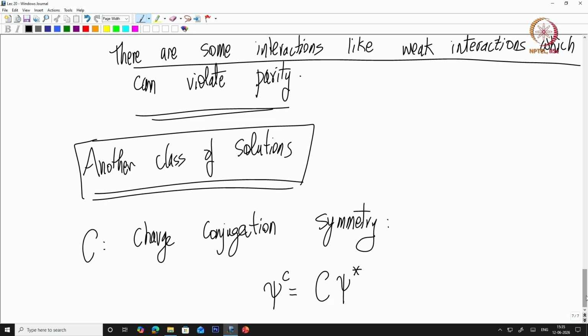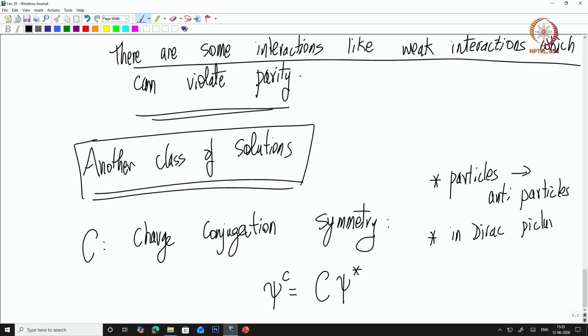So, this symmetry has several properties. At the basic point, it takes particles to antiparticles, and in the Dirac picture it can be used to find real solutions of the Dirac equation.